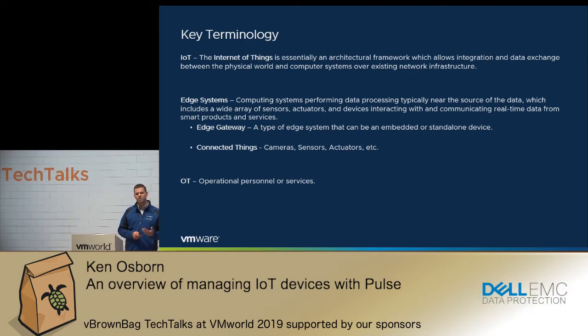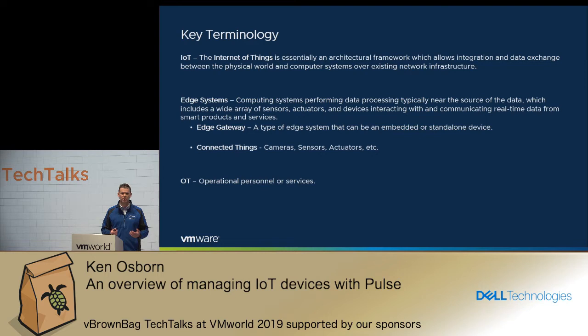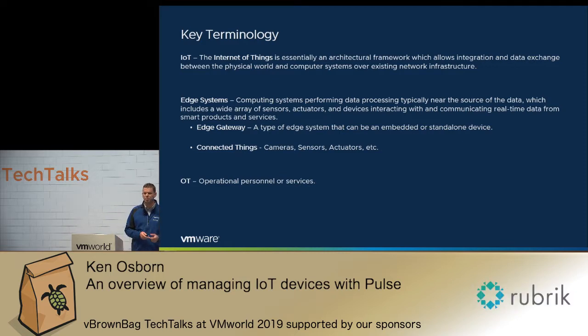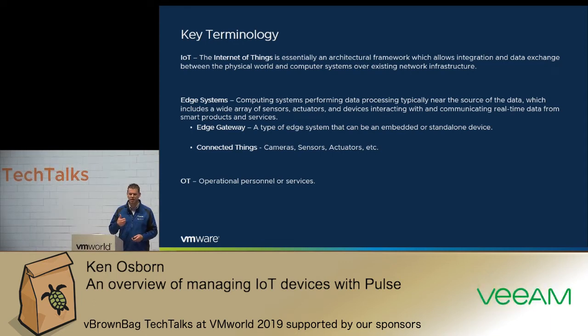These edge systems are comprised of gateways and connected things. You can think of gateways as low-powered, fanless, lower-cost compute devices, like a Raspberry Pi is a perfect example, whereas the connected things are communicating with those gateways, and they're things like cameras, sensors, actuators.